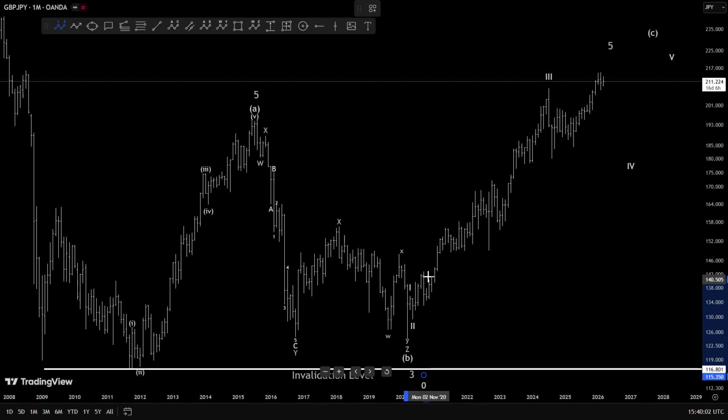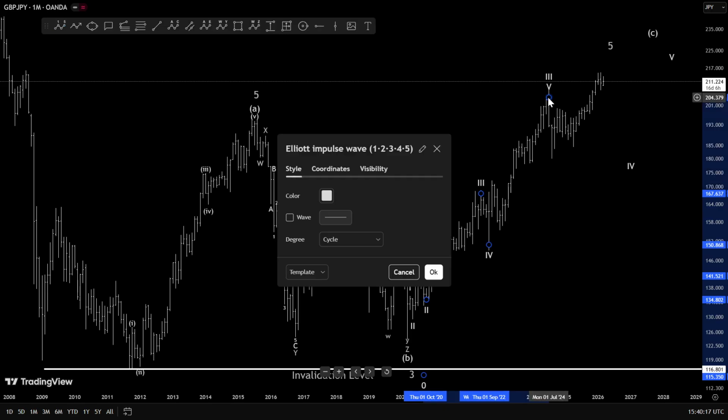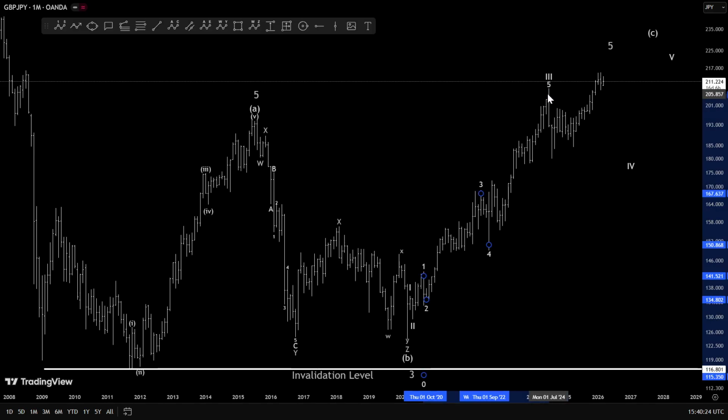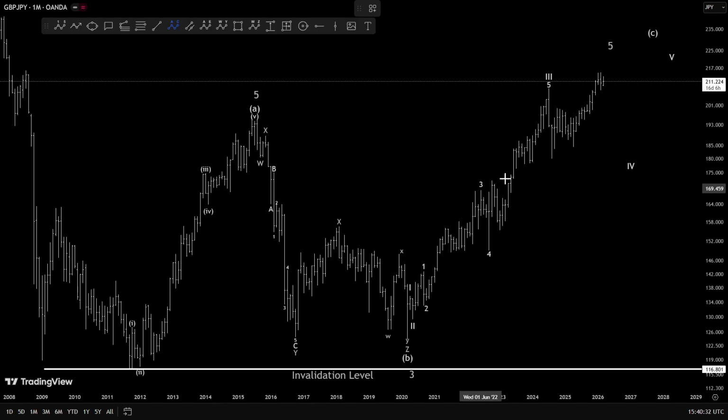No matter, wave 3 has 5 subwaves on its own, which is 1, 2, 3, then 4, and 5. Wave 3 has a clean 5 subwave on its own. And after that, we have a corrective structure. And this corrective structure that is forming right now is called a flat.